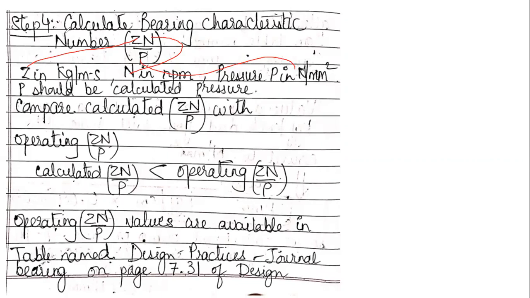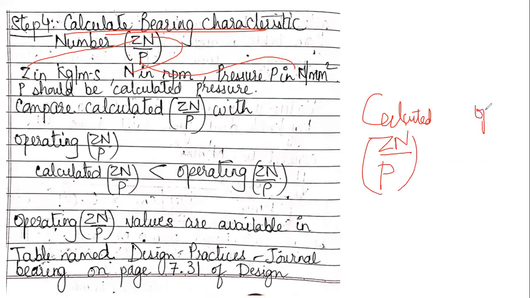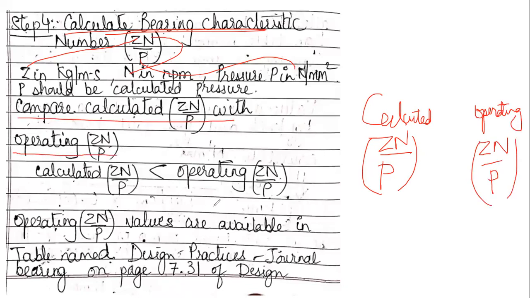So once you calculate this bearing characteristic number, this calculated Zn by P has to be compared with the operating Zn by P value. The calculated Zn by P value should always be less than the operating Zn by P value.